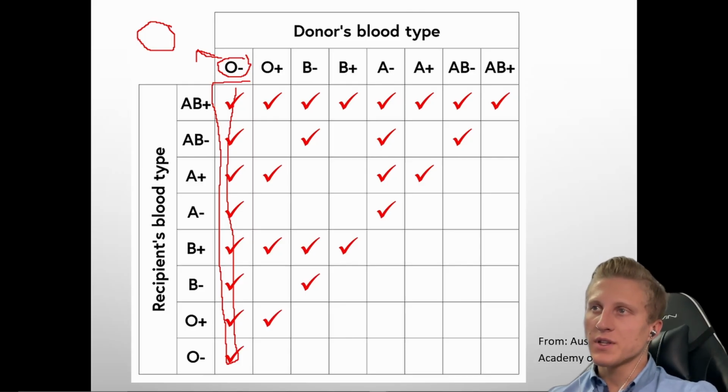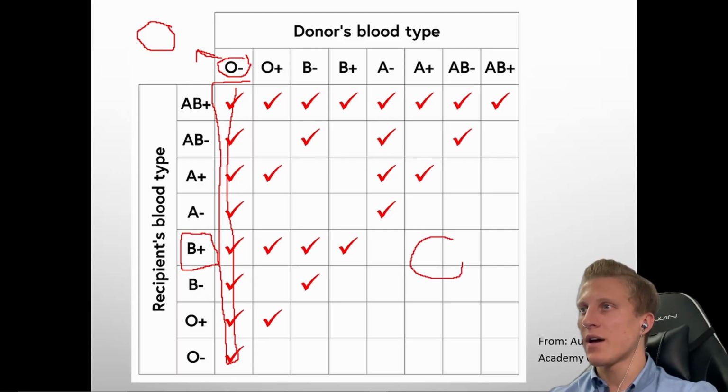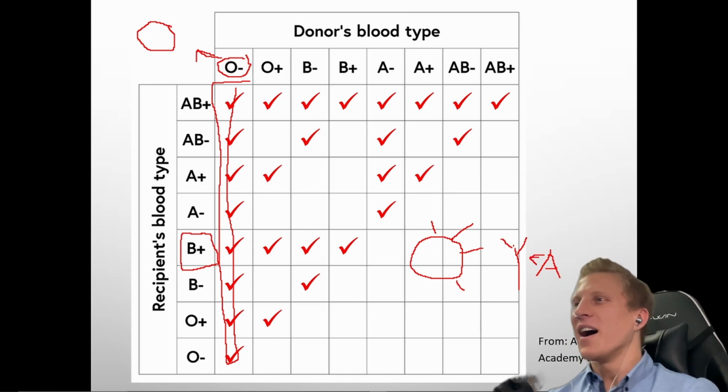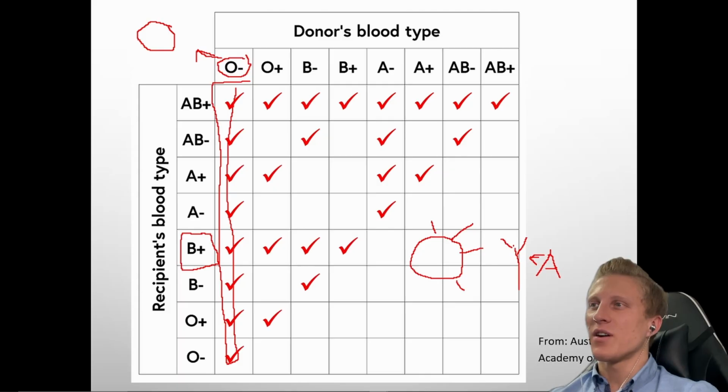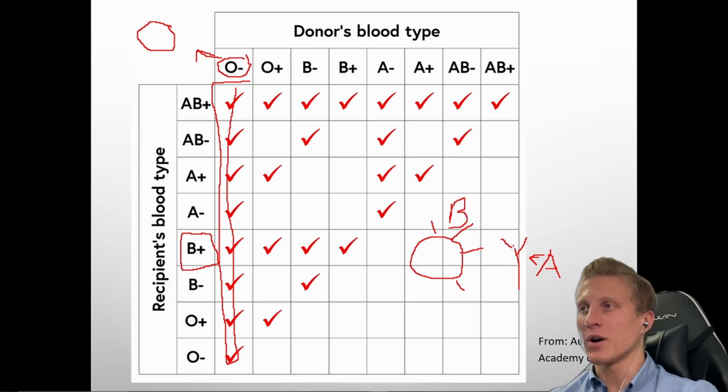So if they give blood, for example, to a patient that has B type blood right here, well, what does this B blood type individual have? They're going to have red blood cells that have B antigens on their surface, and they're also going to have anti-A antibodies in their circulation.